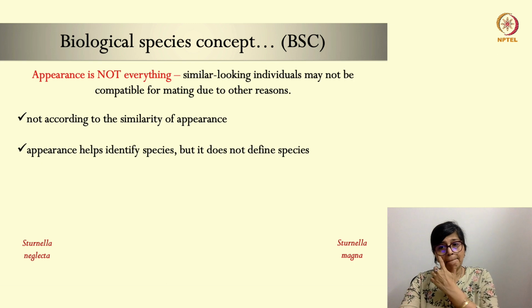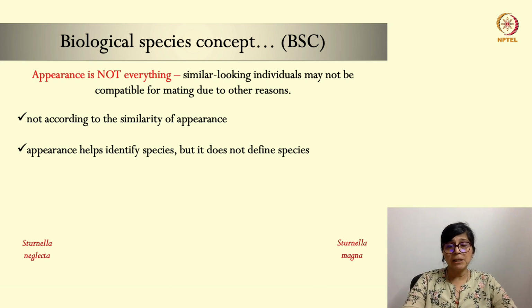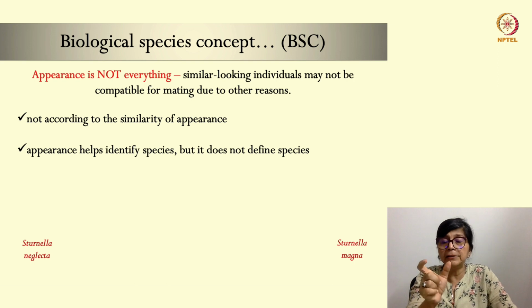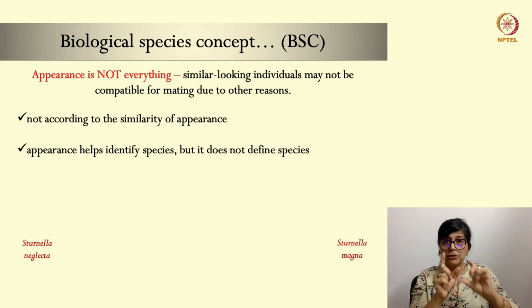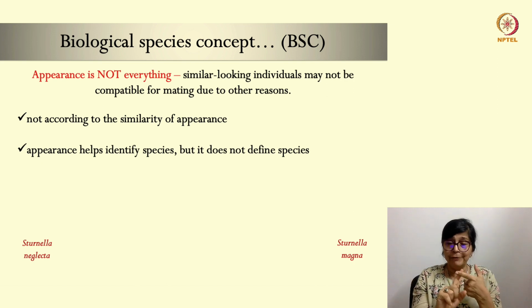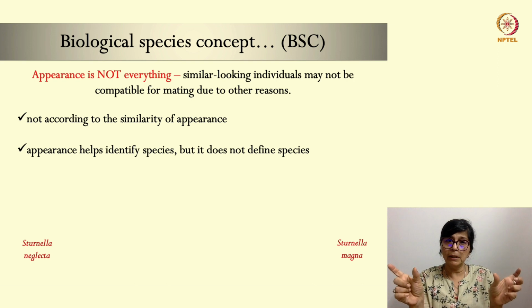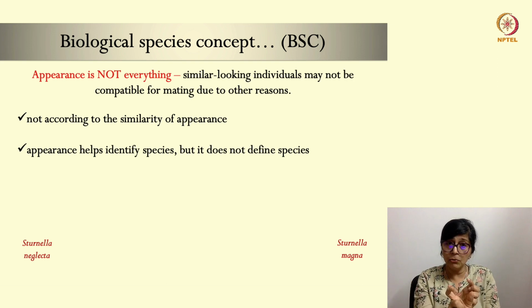So let's take an example of the biological species concept now. Here you can see I have suggested appearance is not everything. Similar looking individuals may not be compatible for mating due to other reasons. Keep in mind the crow example that we took. That was just the opposite. Different looking individuals, although not very different, but still a little bit different looking, were actually mating to have fertile offspring.